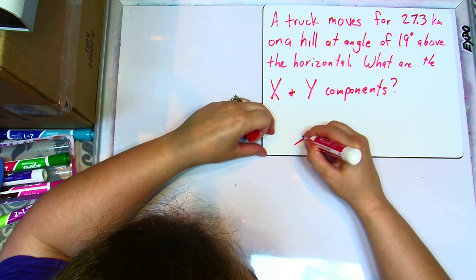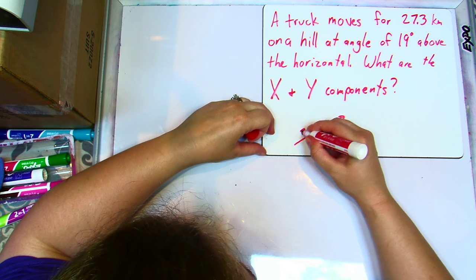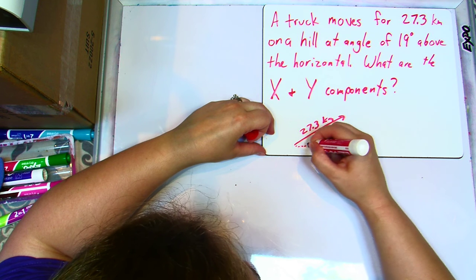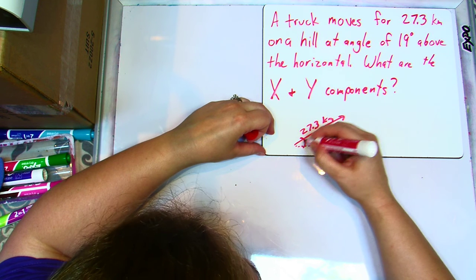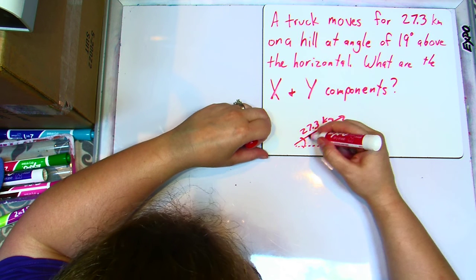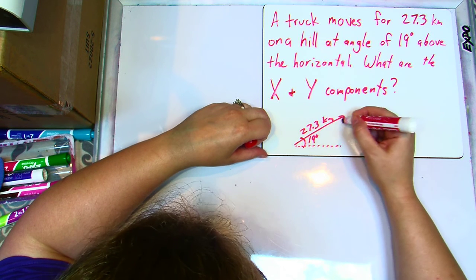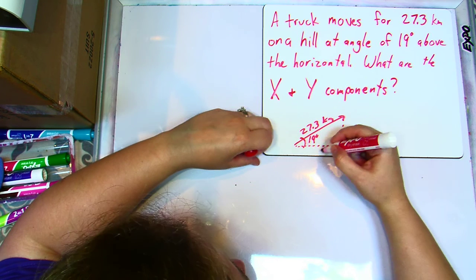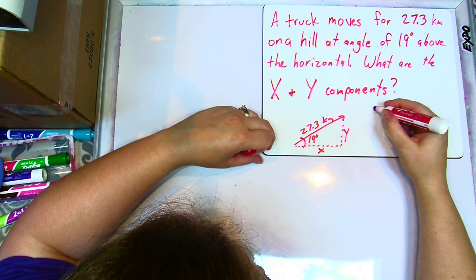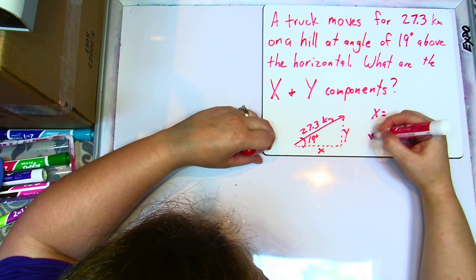So it's heading up the hill 27.3 kilometers, and the hill is at an angle of 19 degrees. We have to find the x and y values. So the x component and the y component.